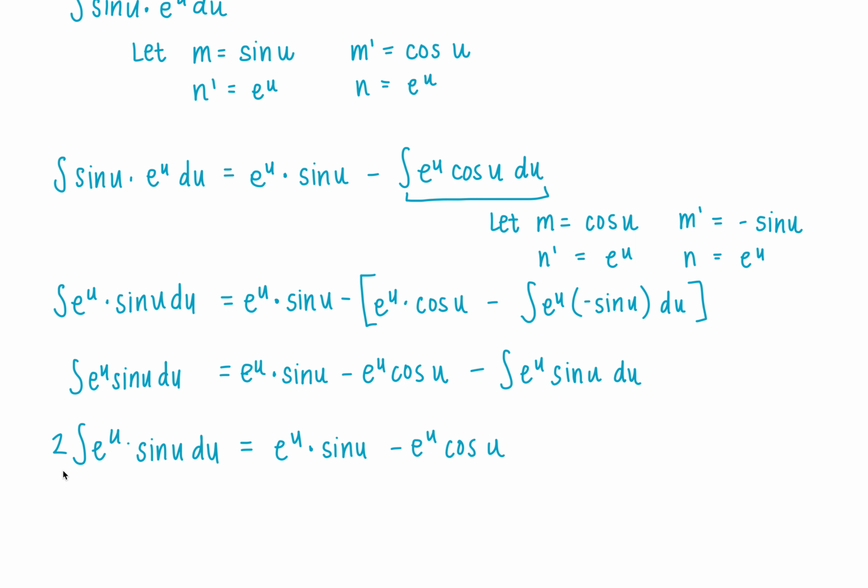So now I can just divide both sides by 2. So I've got the integral of e to the u sine u du equals 1/2 times e to the u sine u minus e to the u cosine u.